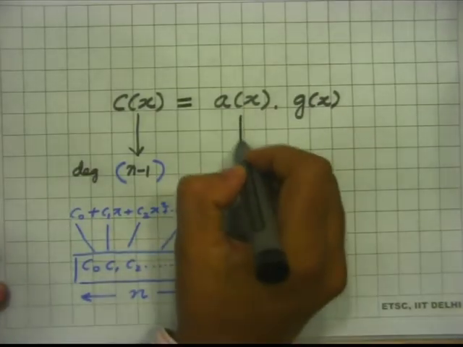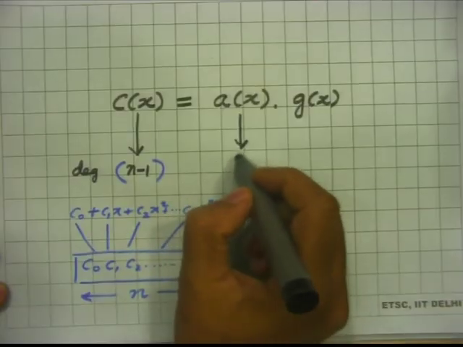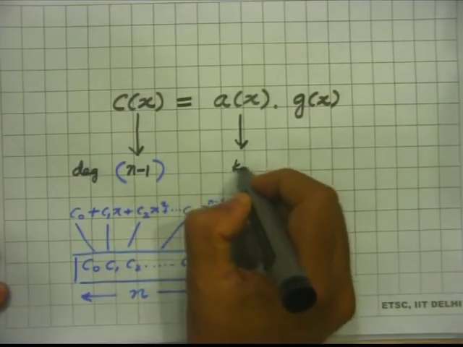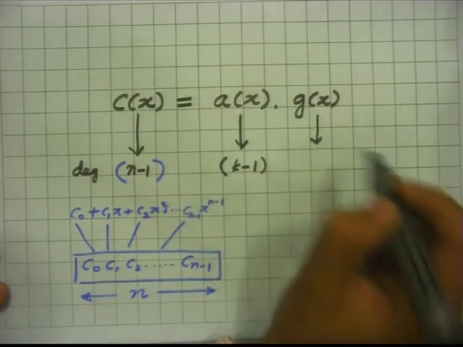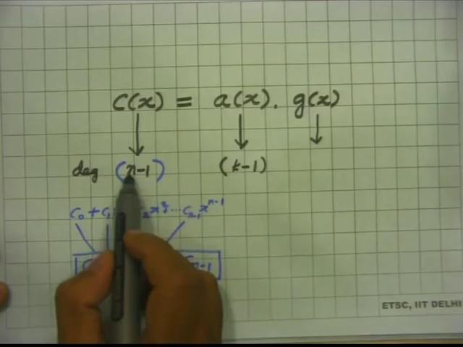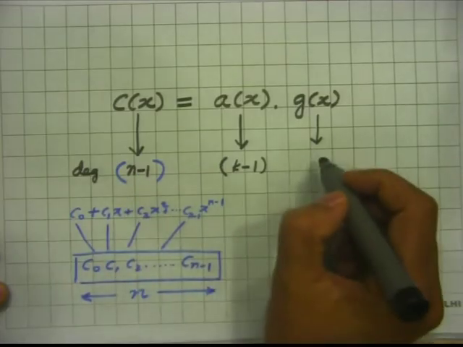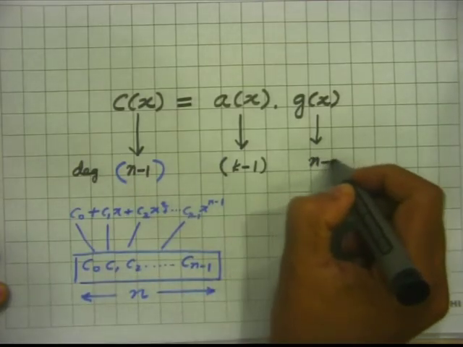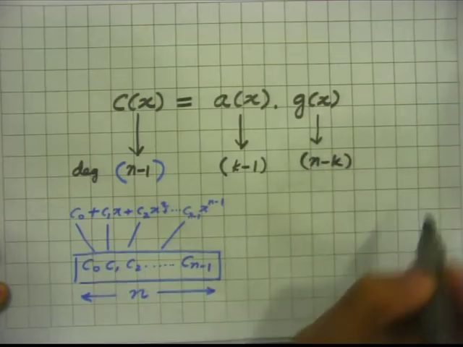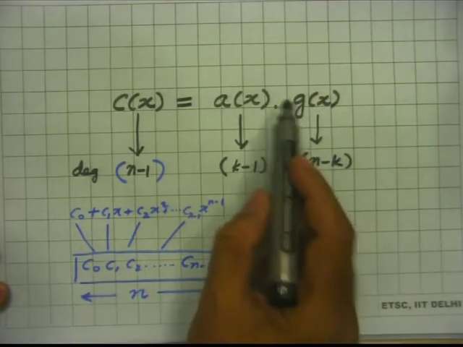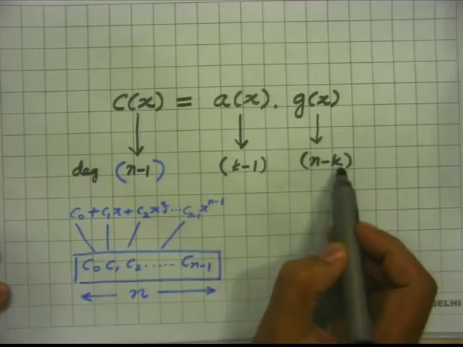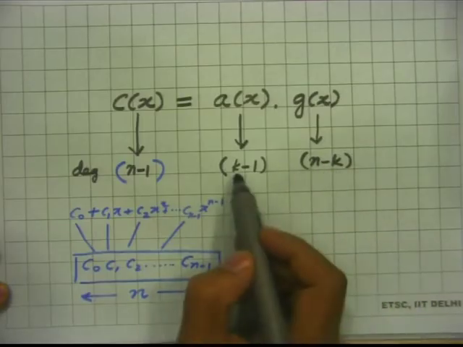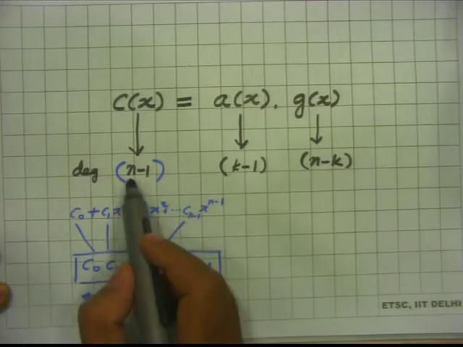Now, if you look at this polynomial, the degree here should be k minus 1, we just now saw. And here, in order to ensure that the degree is n minus 1, the degree here should be n minus k. Therefore, the product of a polynomial with degree k minus 1 and degree n minus k, these would add up and you would get a polynomial of degree n minus 1.